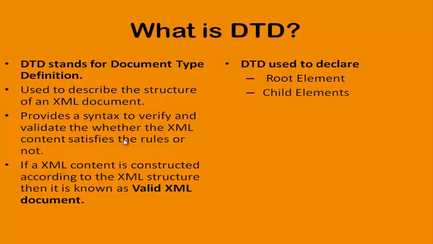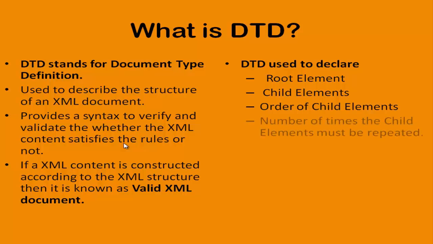Next, inside the root element there must be some child elements, and we can even say in what order the child elements must come within the root element. Not only the order, we can even say how many child elements can appear inside a particular root element. So DTD describes all these things.